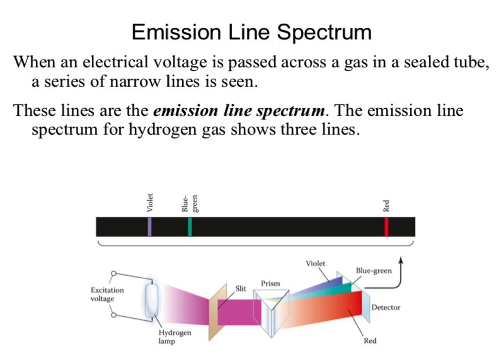The light for hydrogen is a purple color, so what we might have expected to see would be a bunch of purple light coming through. Instead, what I see is three distinct lines: a purple line, a green line, and a red line.